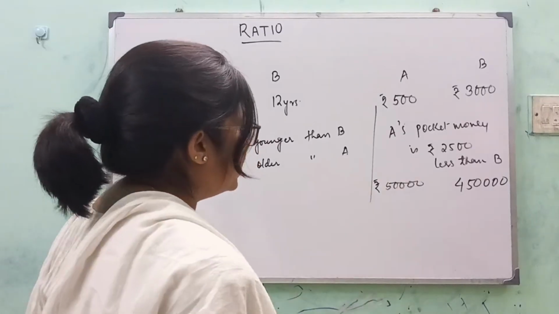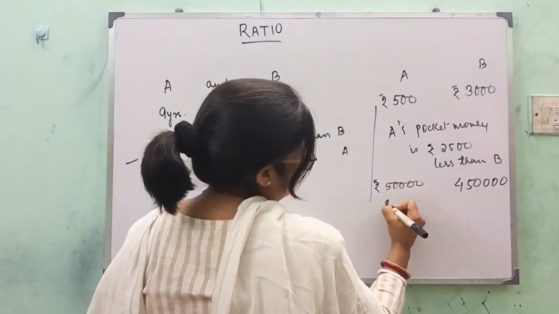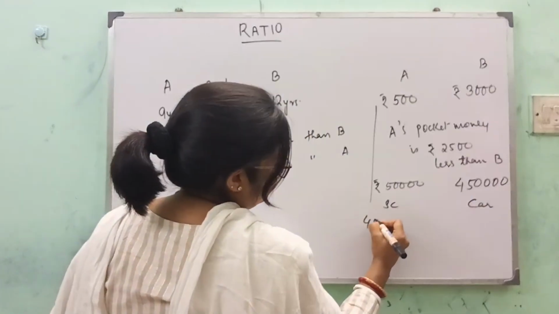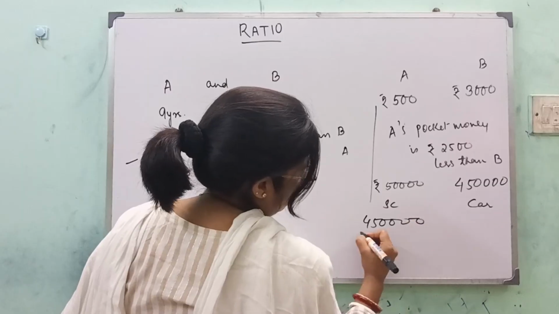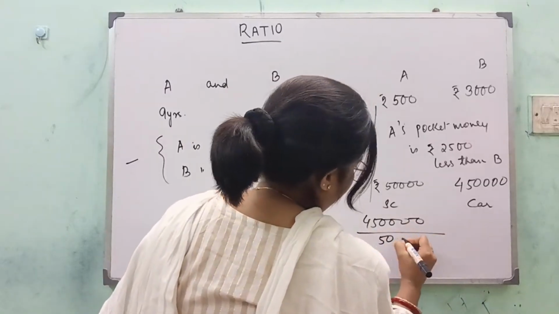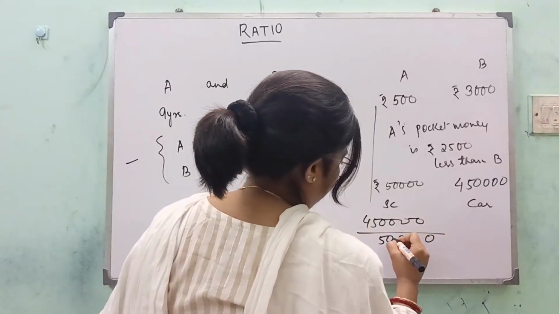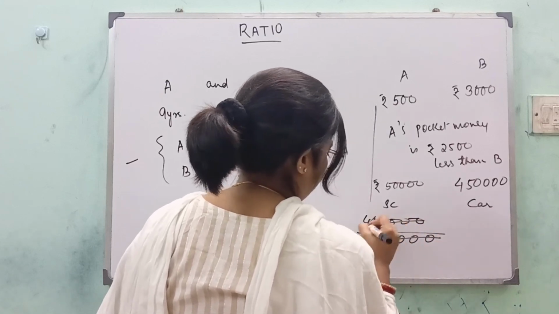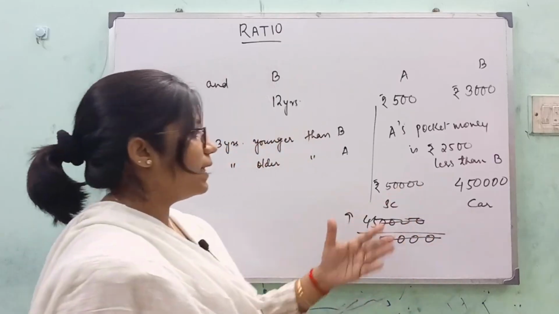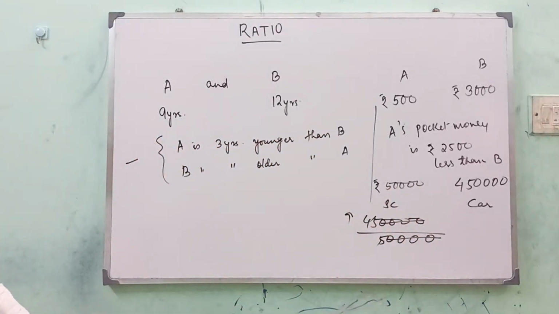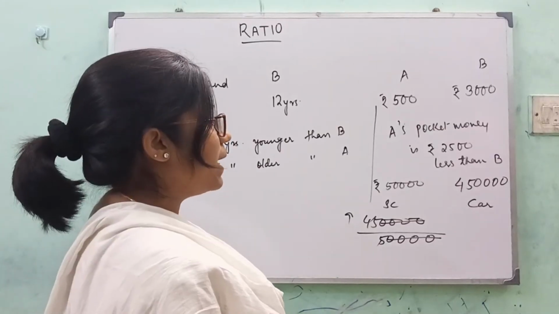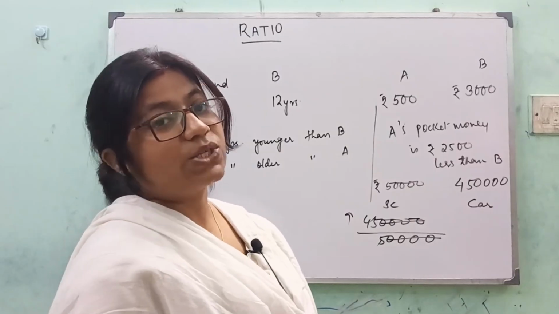So what we can do here is, we can say this is the scooter, this is the car. So you can say that the car's price is 9 times the price of the scooter.